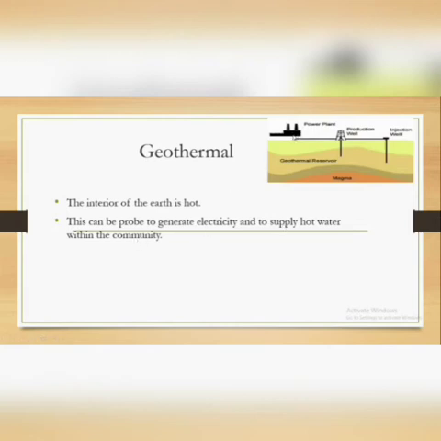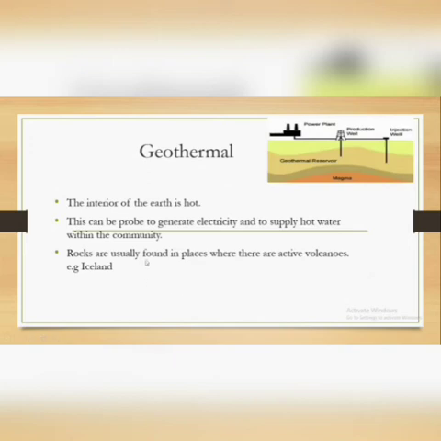So we can pump water down the rock, then pump it out again. When we inject that water out, that water will be hot because we know that the interior of the earth is hot. We can also use that device to generate electricity and to supply hot water within the community.